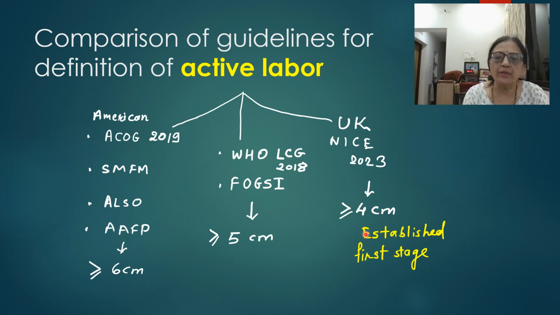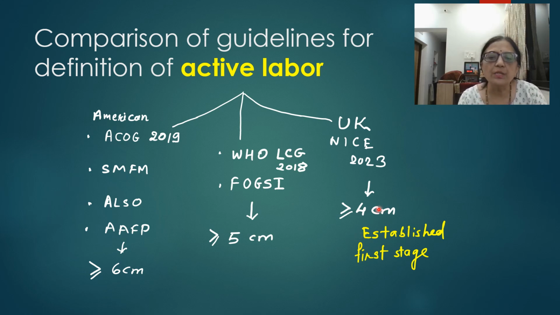It says that cervical dilatation up to 4 centimeters is latent first stage, and whenever it is equal to or beyond 4 centimeters, the terminology is established first stage, but it is equivalent to active labor.